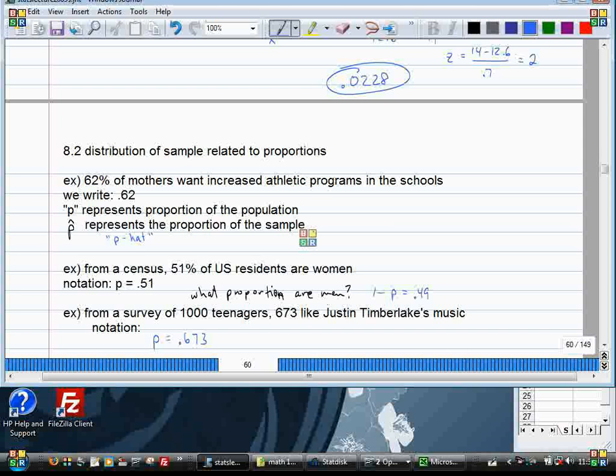It's a survey, so yes, first of all, it'd be P hat. Now, second of all, you're right that it's 0.673, although the way you got that was not quite there.